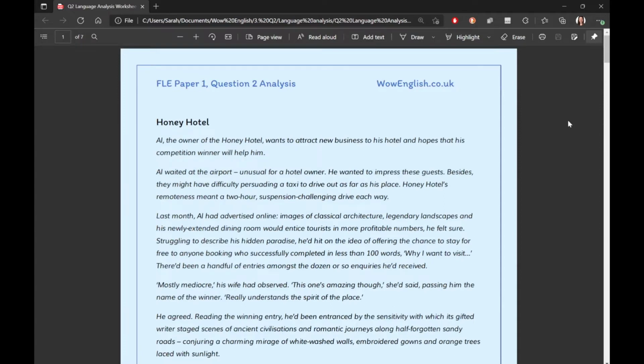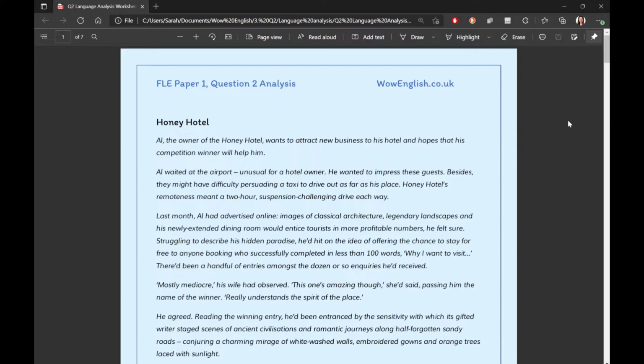Let's begin. Honey Hotel. Al, the owner of Honey Hotel, wants to attract new business to his hotel and hopes that his competition winner will help him. Al waited at the airport, unusual for a hotel owner. He wanted to impress these guests. Besides, they might have difficulty persuading a taxi to drive out as far as his place. Honey Hotel's remoteness meant a 2-hour suspension-challenging drive each way.